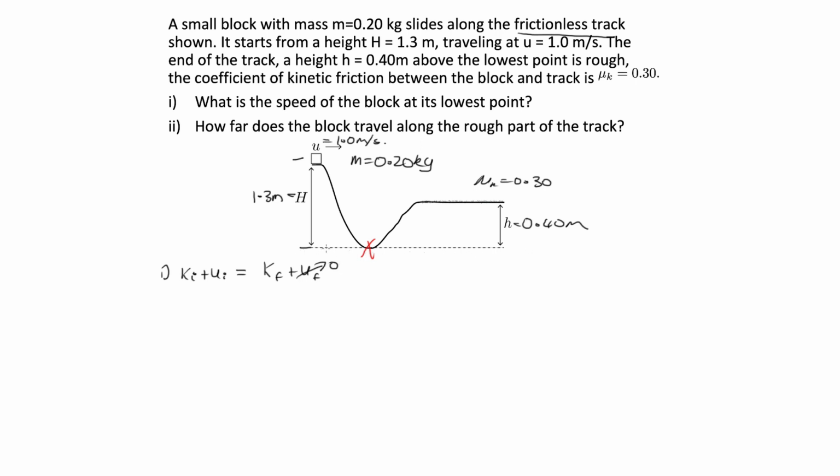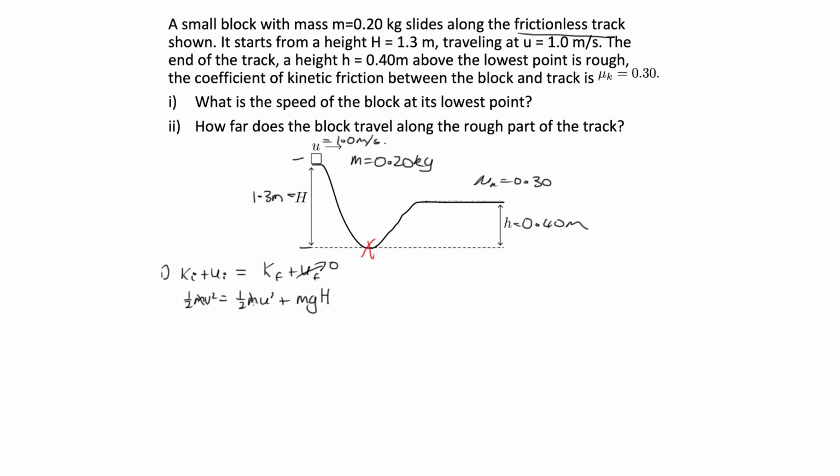We're taking this as our 0 point for potential energy. So if we want to find the speed at this point, we can say, well, a half m v squared is equal to the initial kinetic energy, which is a half m u squared, plus the initial potential energy, which is equal to m g H, because capital H there is the distance above this 0 point.